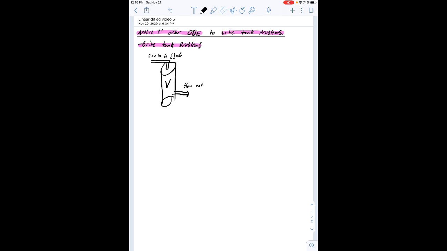Okay, so now what we do is we give values to these. I'll do a specific example. Let's say our flow in is equal to 100 gallons per minute. Let's say that our concentration in is equal to 10 grams per gallon.